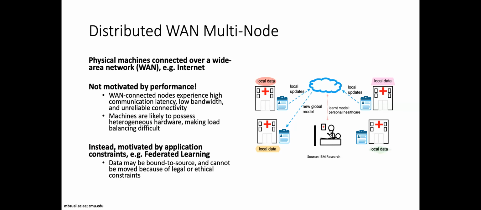Of course, because we're going to have a federated learning part in the second half of this tutorial, we need to mention a distributed wide area network, which is to say an internet level connection. In this case, we no longer have the fortune of homogeneous machines with extremely expensive hardware. We basically get whatever hardware exists in the different sites. You're going to see high communication latency. It's going to be very heterogeneous and uneven, with low bandwidth, and it's going to be unreliable.